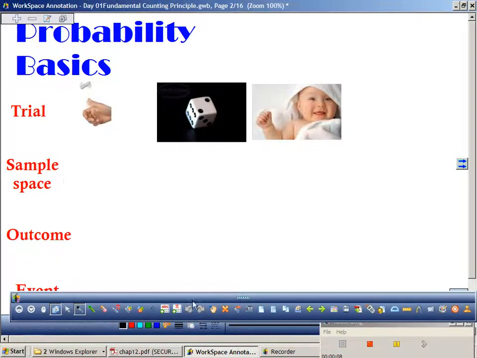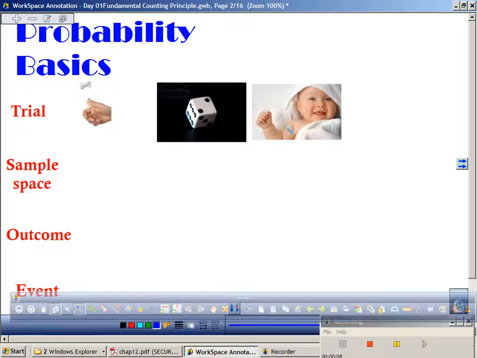Okay, let's talk probability. So a trial is something like flipping a coin or throwing a die or, of course, whether or not you're going to have a boy or girl. Sample space. Sample space is the set of all outcomes.